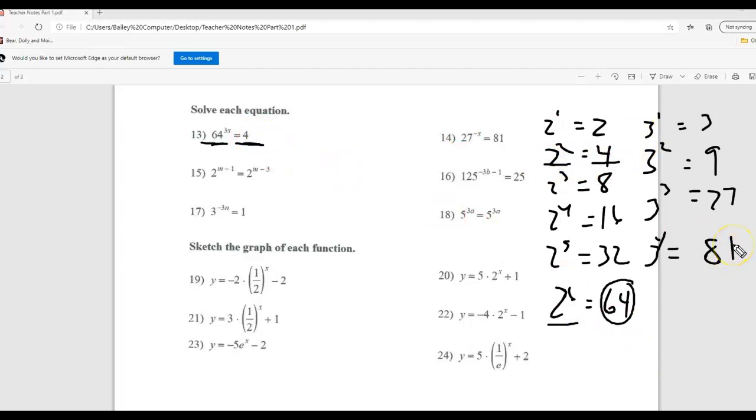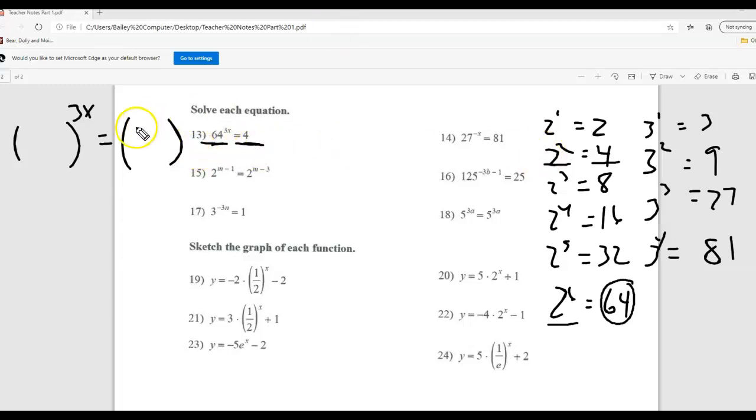And that's what you want to do. So you're going to change these bases so that they match. So I'm going to replace each of those bases with a new exponential expression that has the same base, which in this case is 2.